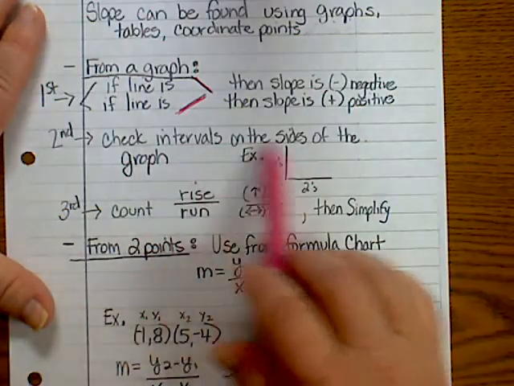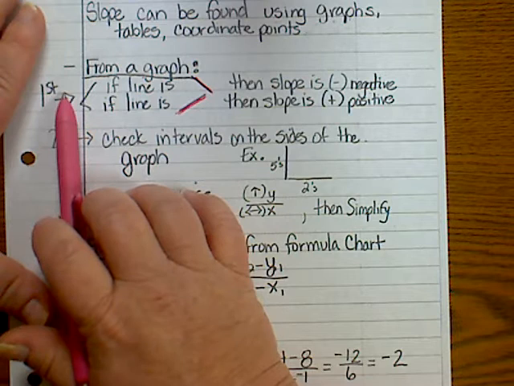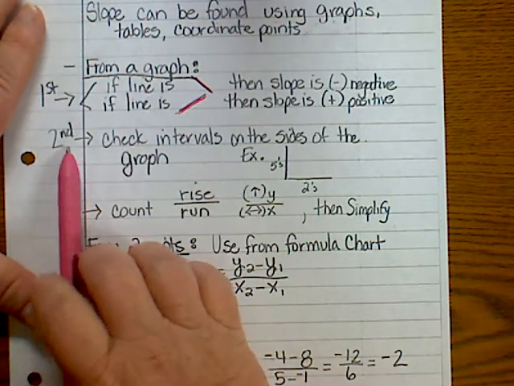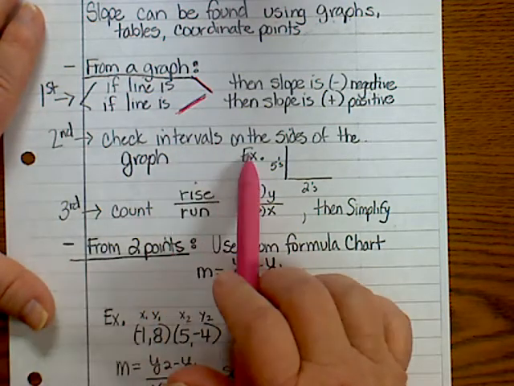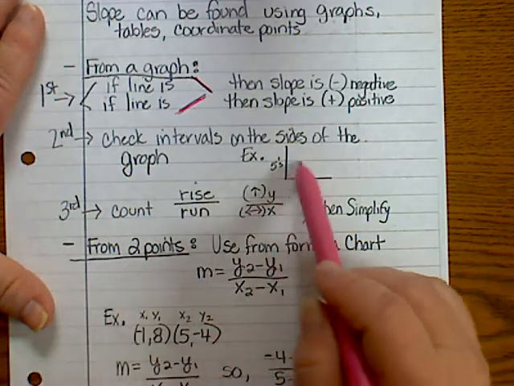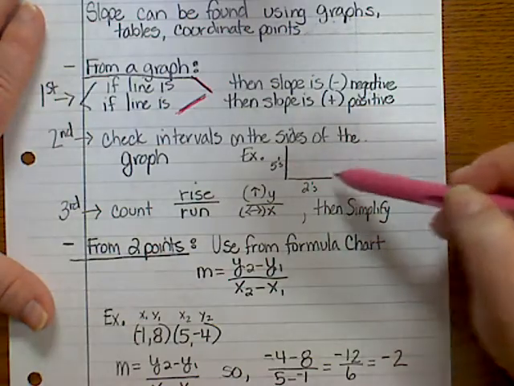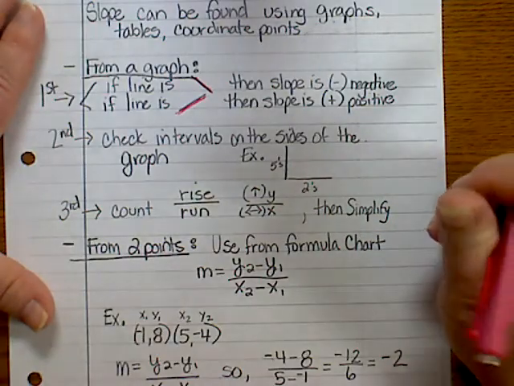Okay, so check your intervals on the side. So first, is the line positive or negative if it's on a graph? Second, what are the intervals on this one? It's going up by 5s. Each line is worth 5, and each line going across the x-axis is worth 2.